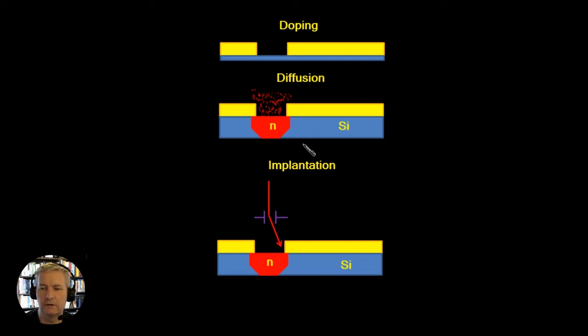In implantation, we have ions which fire down through and are directed onto particular areas within this window or active region. Now we don't need to do just diffusion then implantation. There are other processes which implant the ions into the silicon, and then we have the silicon heated up and the ions then diffuse further into the silicon. So this is a mixture of both implantation and diffusion.